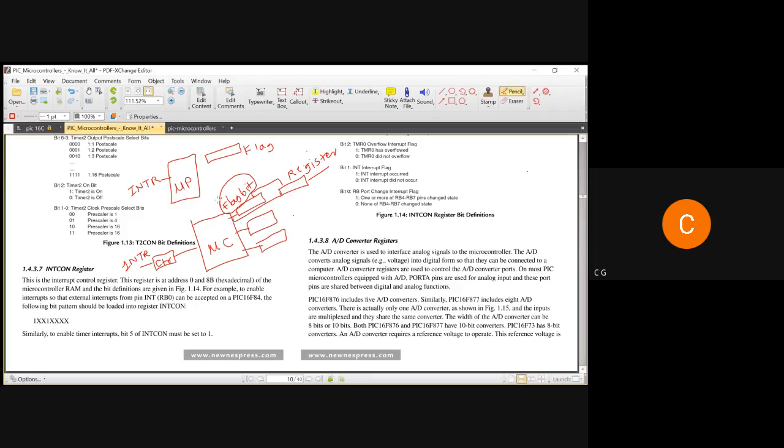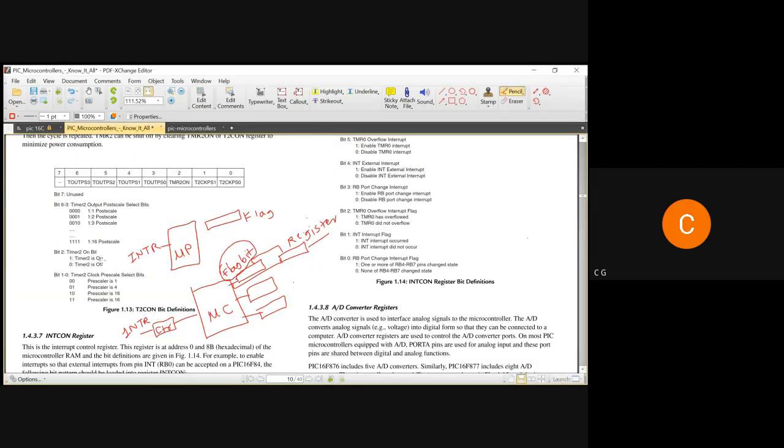I can ask the question: what is the difference between the microprocessor, microcontroller, and the microcomputer? While learning, if you remember a little part of the microprocessor, you will come to know that this flag register is playing some role. That is what we are studying here.